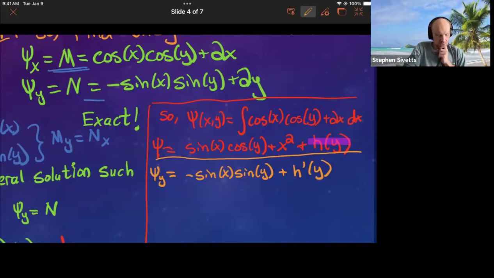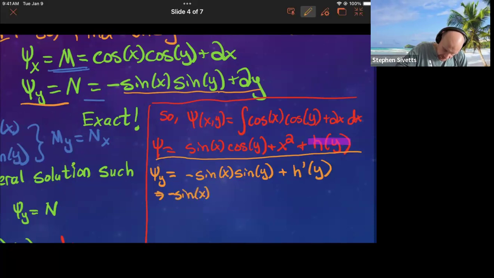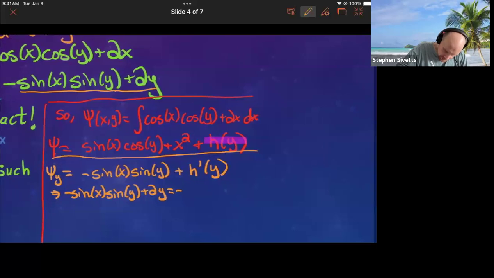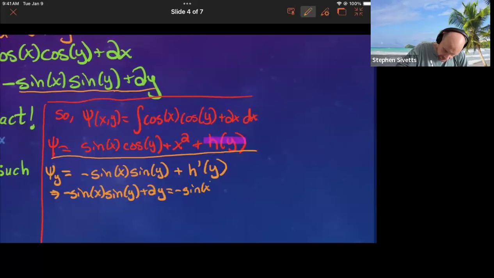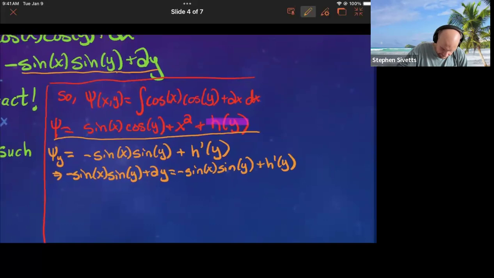We also know that psi sub y equals negative sine x times sine y plus 2y. So that means negative sine x times sine y plus 2y equals negative sine x sine y plus h prime of y.